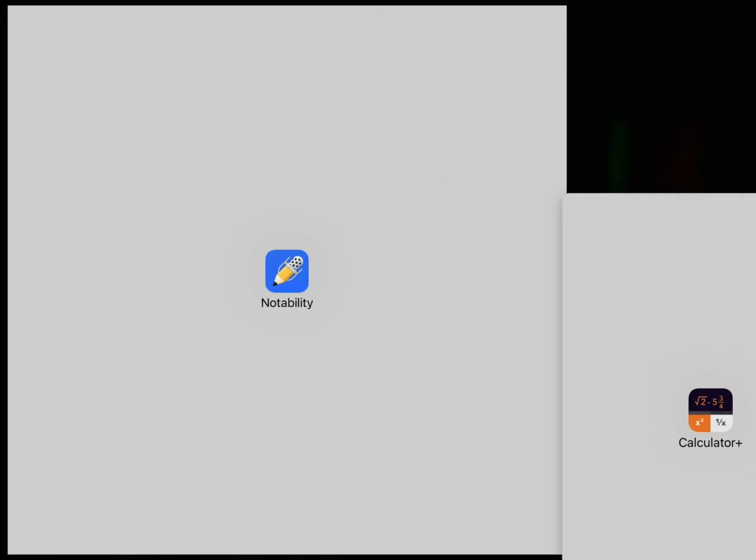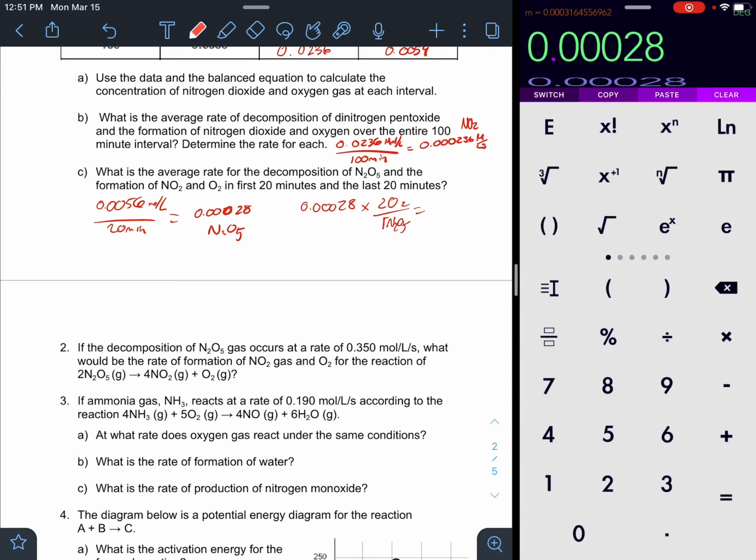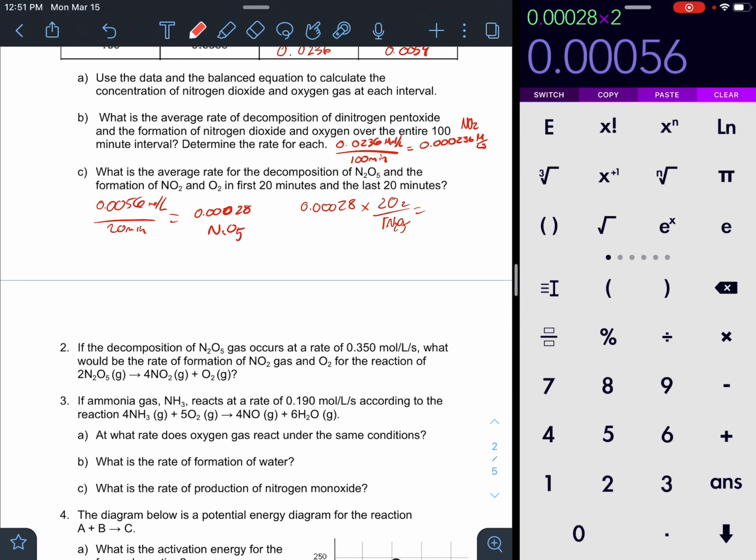And we also know that if we take the 0.00028 and multiply that by the mole ratio, we can also find the rates that way. Oh, not O. Sorry, NO2 is the one that has 2.